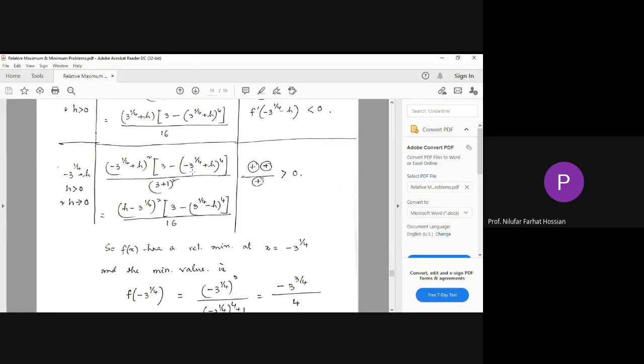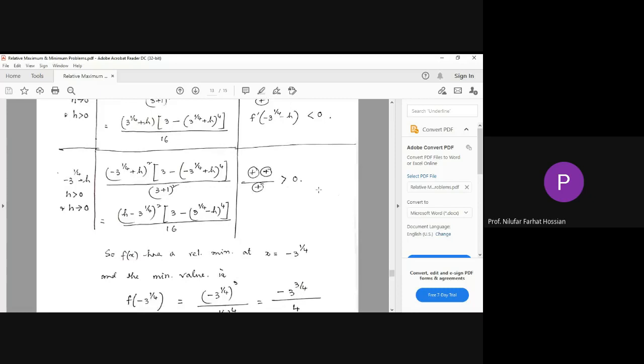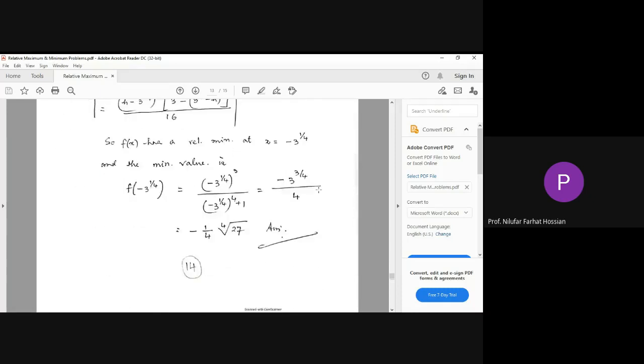And ultimately, when you take minus sign common, it will be 3 to the power 1 by 4 minus h. So this number is less than 3, so it will be positive. Positive into positive by positive, so positive. The previous one was negative, so there is a change in sign from negative to positive. Okay, so there will be a relative minimum here, and you can easily find the coordinates of the point.